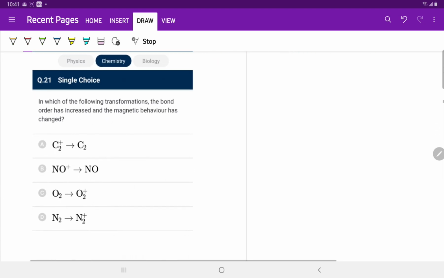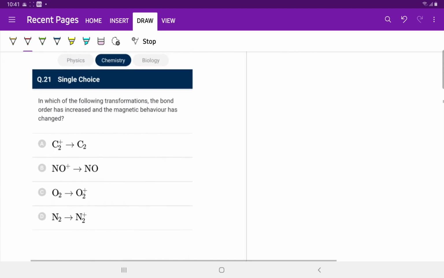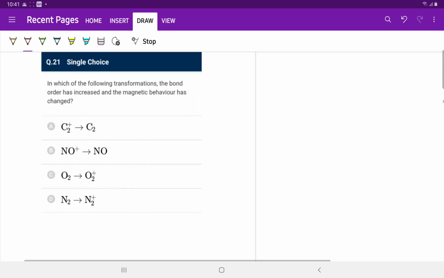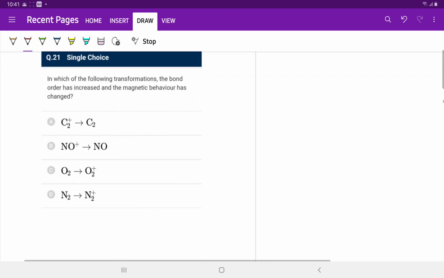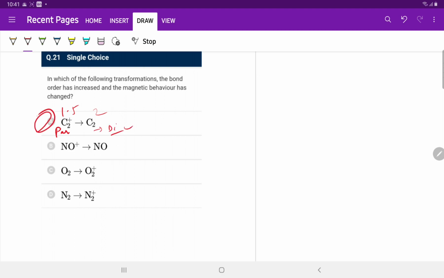For question number 21, in which of the following transformations has the bond order increased and the magnetic behavior changed? C2 plus has bond order 1.5, C2 has 2, and C2 plus is paramagnetic while C2 is diamagnetic. So option 1 is correct.